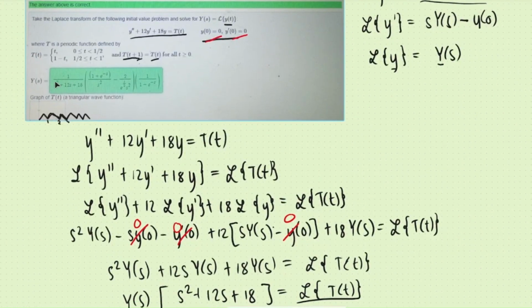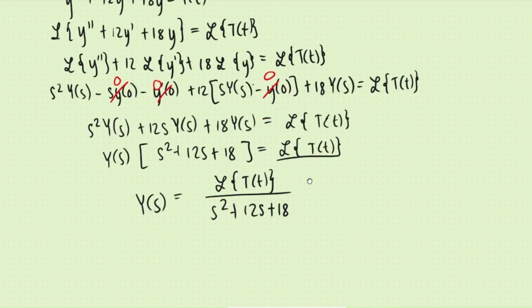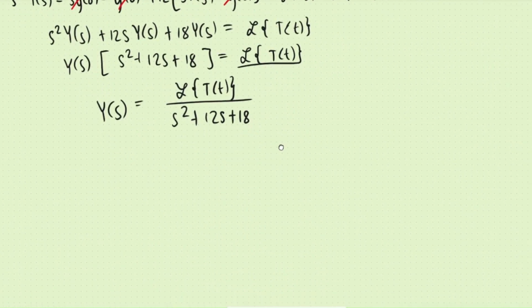We already got this part here, our denominator s² + 12s + 18, and we should have our Laplace of T(t) in these terms here. So we're going to solve for our Laplace of T(t).